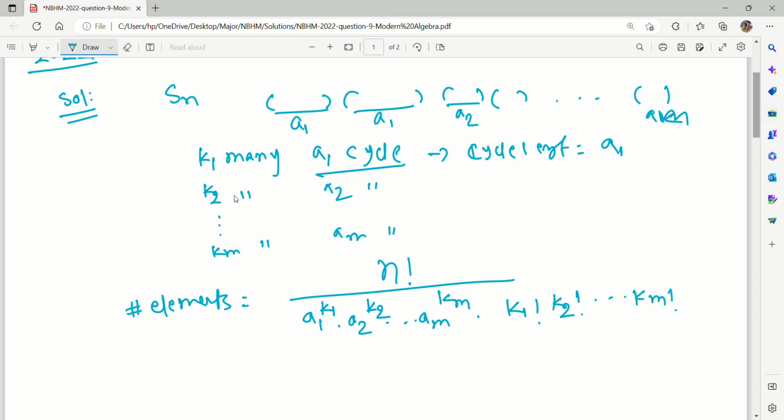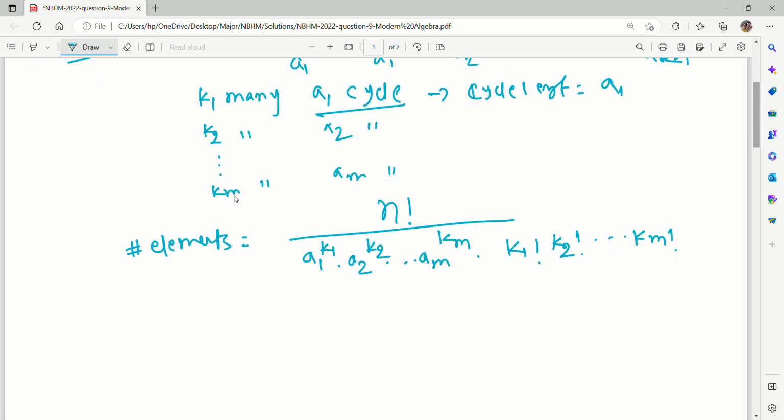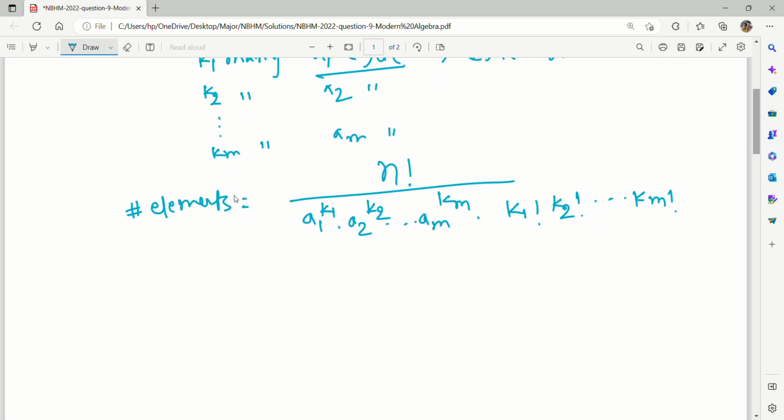This is a very useful formula that we should know to answer this question.